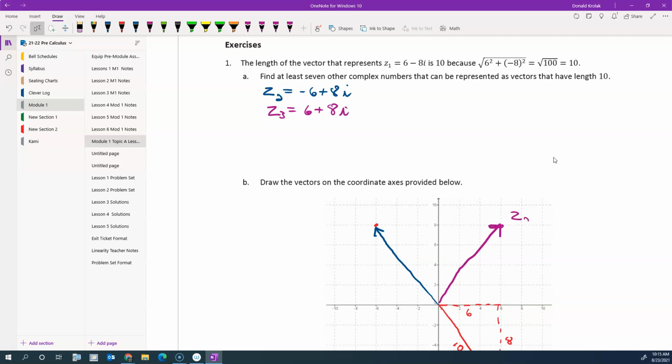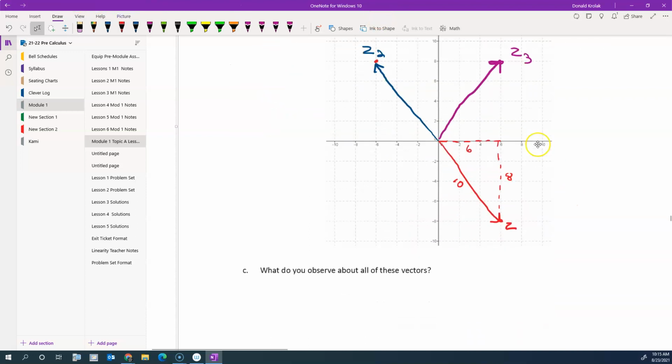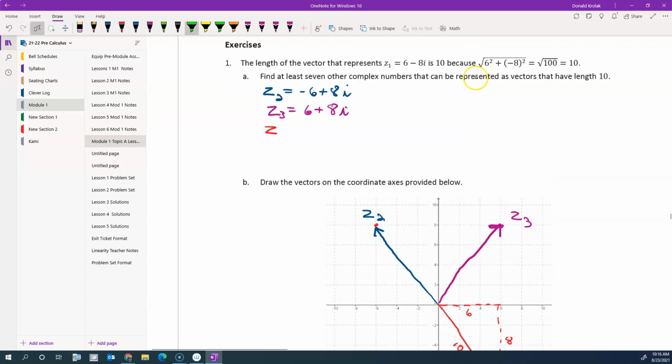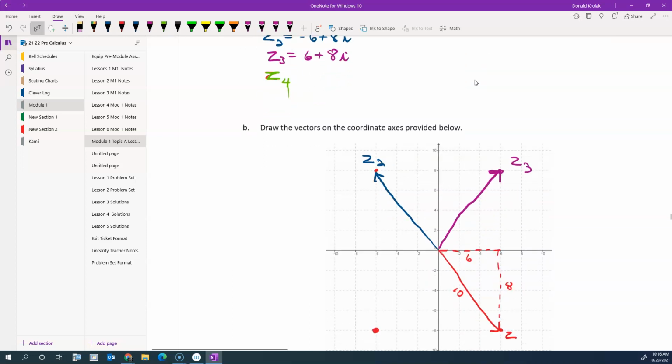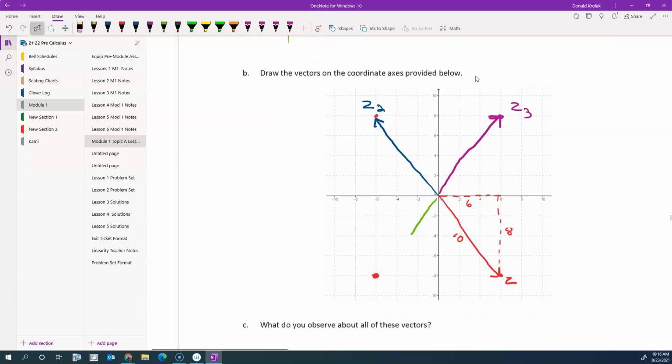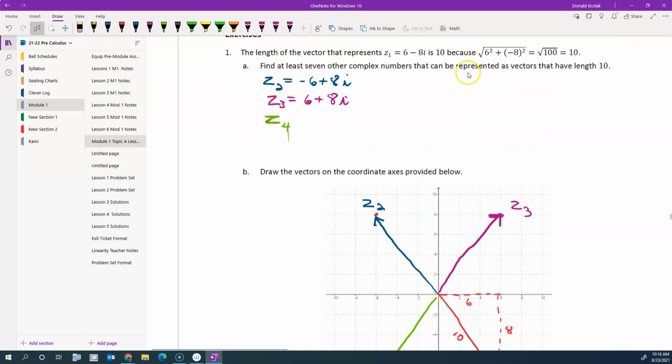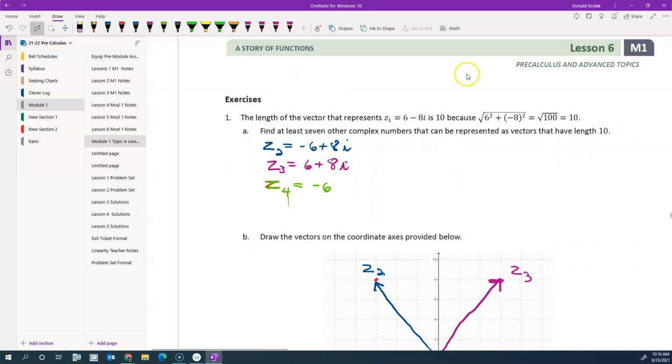That's Z3. This one was Z2. Negative 6 minus 8i, right there. Let's go with green. Z4. That was negative 6 minus 8i.